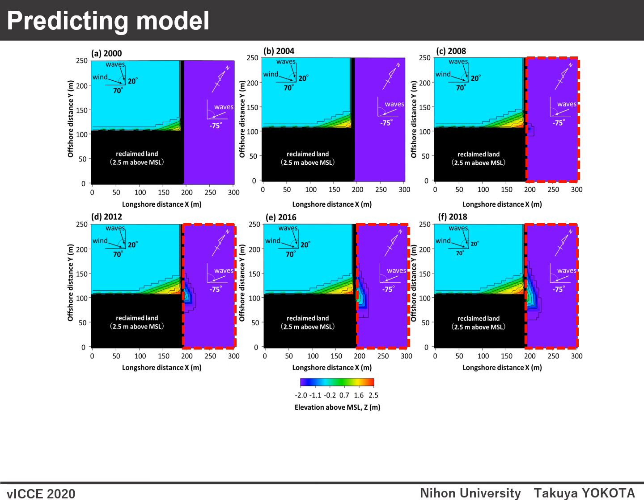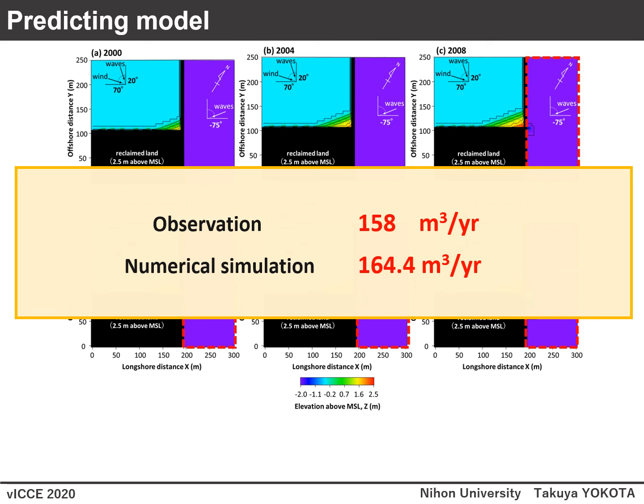Furthermore, the rate of increase in the volume of the East Beach calculated since 2008 was 164.4 cubic meters per year. It was in good agreement with the value of 158 cubic meters per year estimated from the field data.